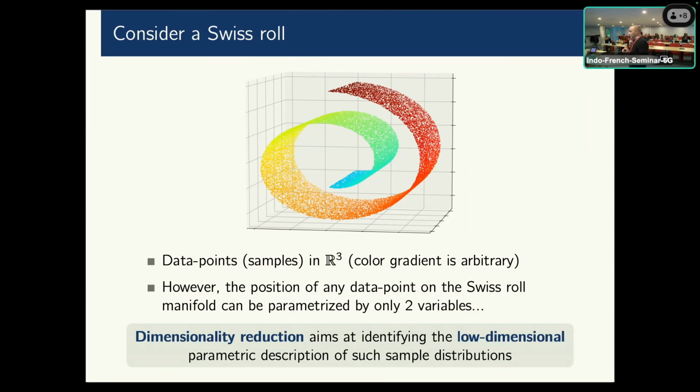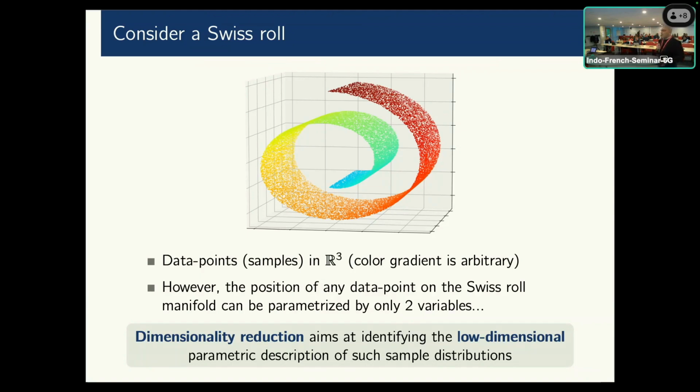So that is the idea behind dimensionality reduction. We're going to have, in general, a data set in high dimension, much higher than 3, but I'm just using 3 because I can represent it. And we are going to try to associate to each sample some coordinates in a low dimensional space.